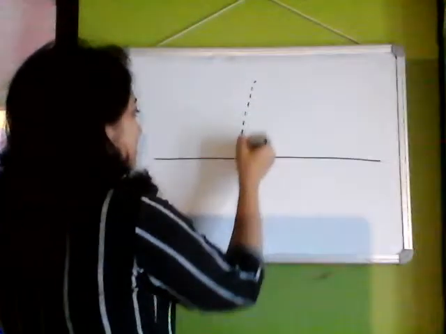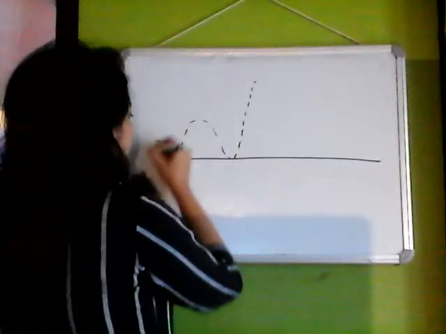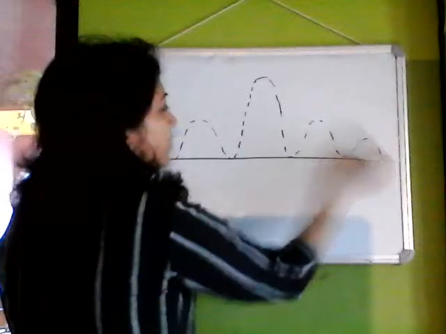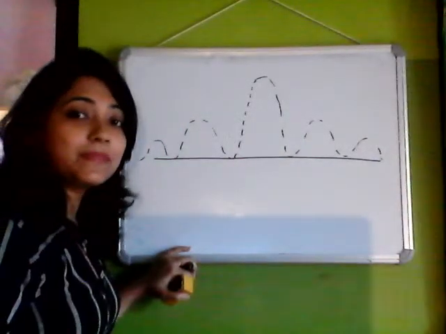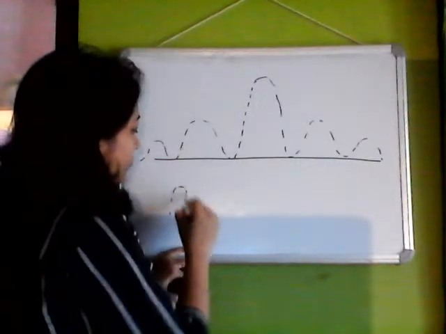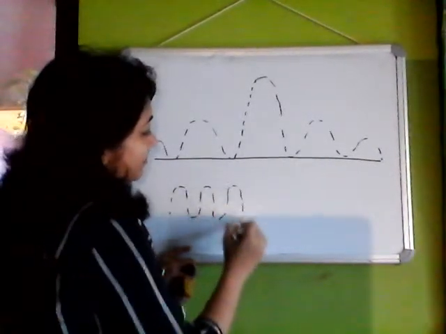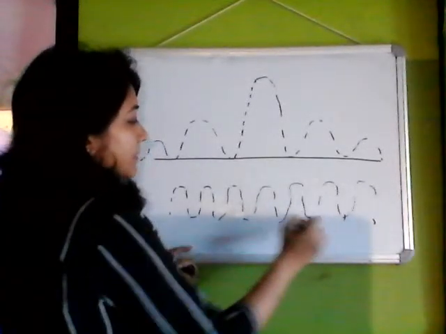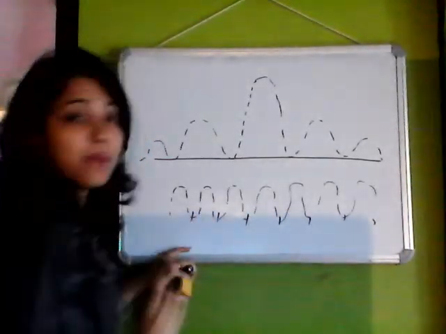In this scenario, suppose this dotted line is the one which has been caused by a diffraction pattern. And reminding all of you that for interference, I would be drawing all the amplitudes to be the same, all the distances between the maxima to be the same, and so on.